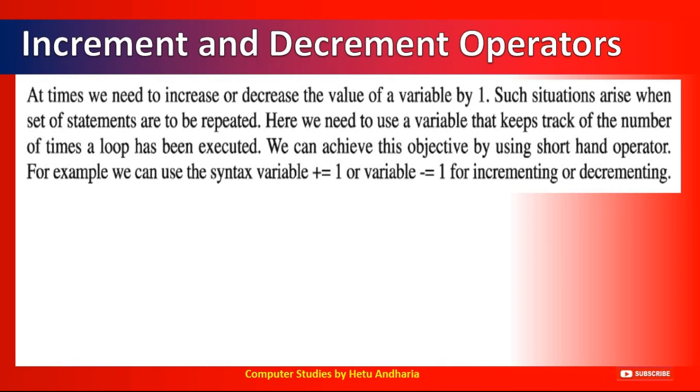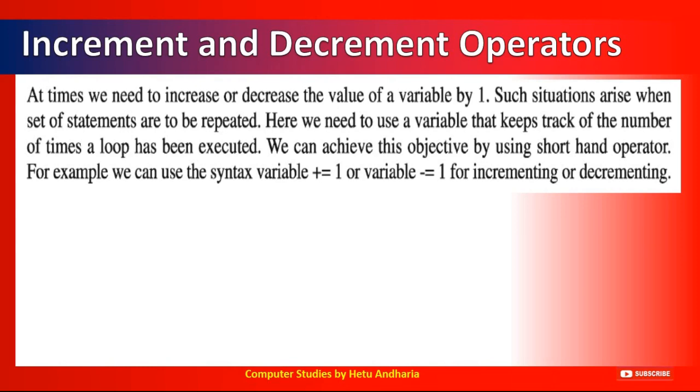Then you add 1 to the value every time the loop turns, and it will go on printing 1, 2, 3, 4 till 100. So here we need a variable that keeps track of the number of times a loop has been executed. We can achieve this objective by using a shorthand operator. For example, we can write the syntax += 1 or -= 1 for incrementing or decrementing.